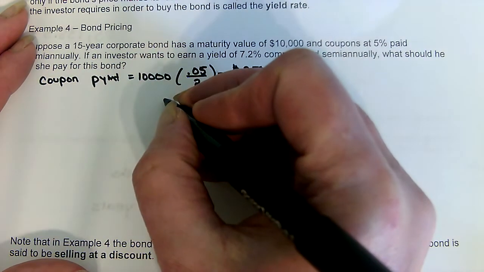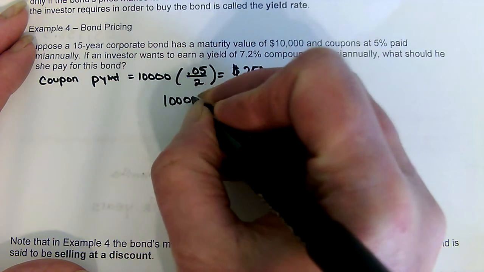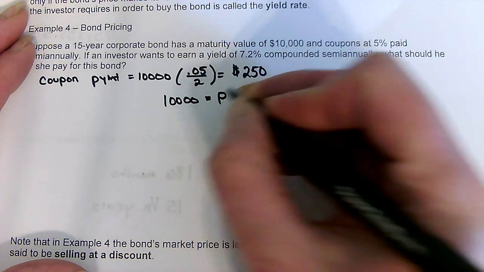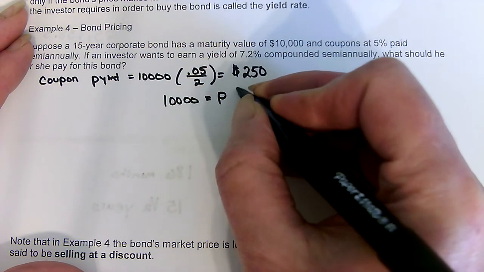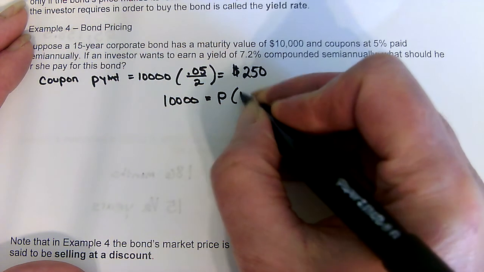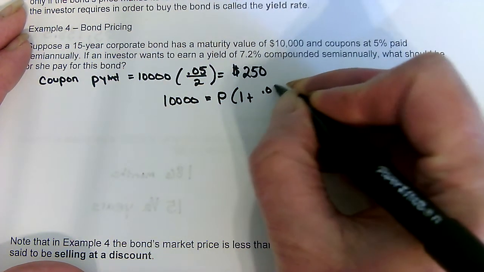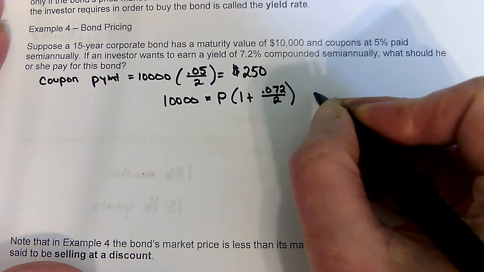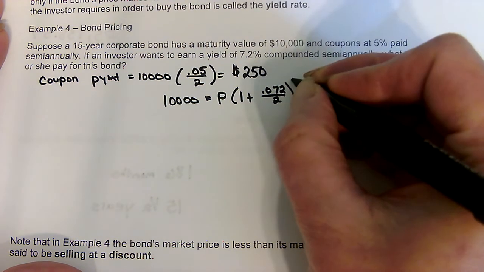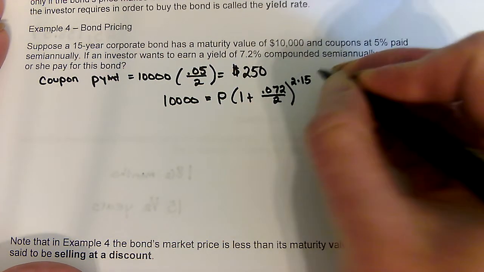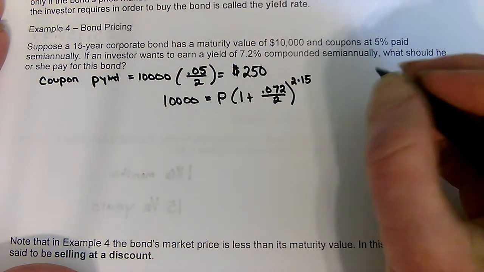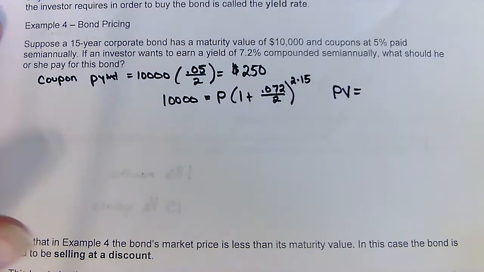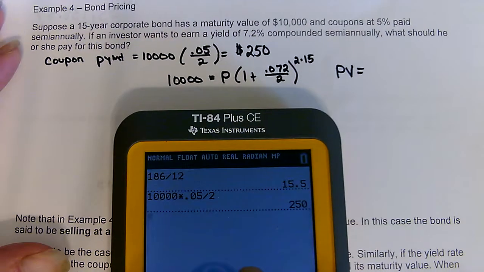Well, that would be if we took that $10,000 and wanted to figure out the present value of it at 1 plus 0.072 divided by 2, and he's leaving it in there for 15 years, so 2 times 15, and we figure out that present value of just how much interest it's earning, right?